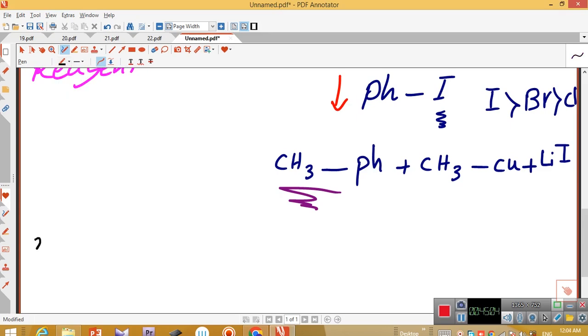Okay, so this is our final product, and I'm going to talk about our third example, which is cyclohexyl bromide. This is our final example.